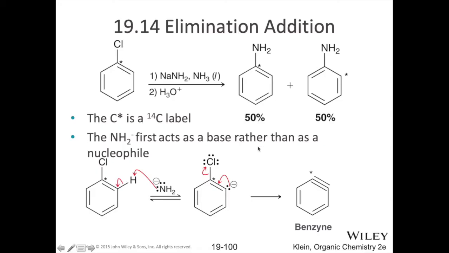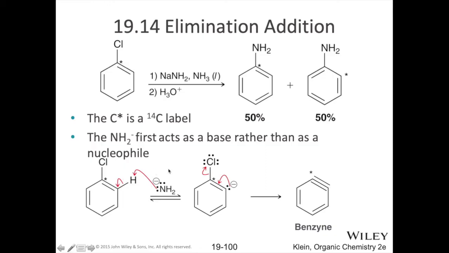So we must be going through what's called a benzyne intermediate. We have an intermediate that basically has a triple bond. Instead of our nucleophile coming in, adding on, and then our leaving group leaving, we actually have essentially an elimination reaction, right?